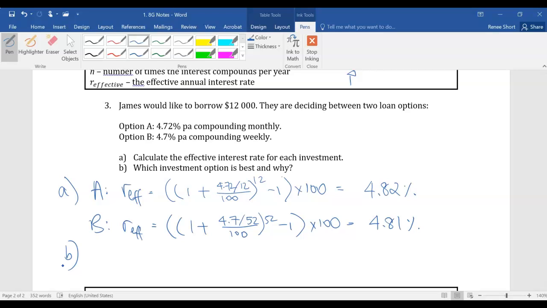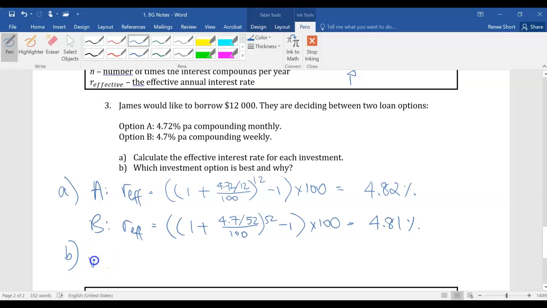Remember, in this situation James is borrowing money and we want to pay back the least amount of money possible. So if I look at those two effective rates of what's effectively happening across the year, option B with 4.81% is the best option because it's got the lower average interest rate.